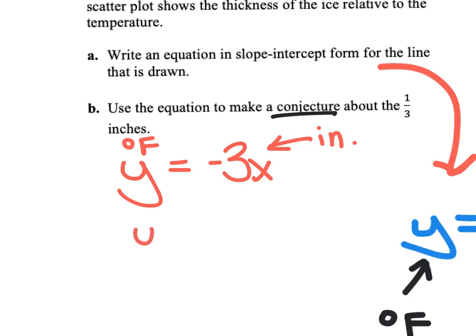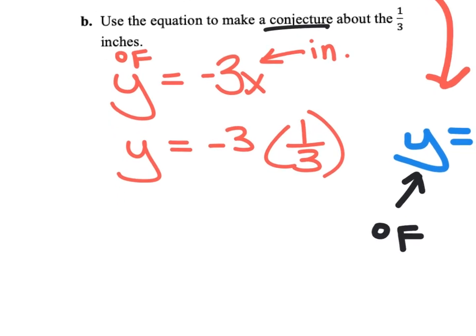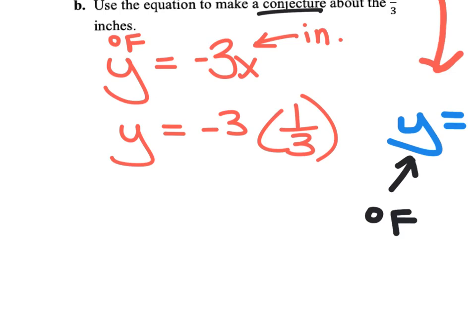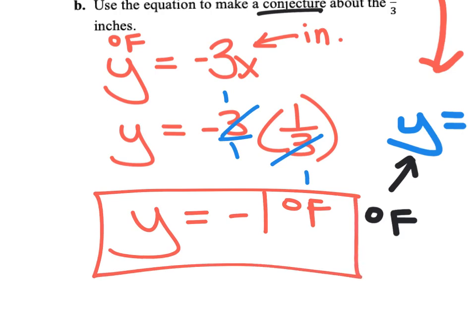So using my equation, it would be y equals -3 times 1/3. Remember, to multiply fractions, we multiply top, multiply bottom, simplify. This is the same as -3/1 times 1/3. 3 divided by 3 is 1. So my answer is just -1 times 1, which is -1. And that is going to be in degrees Fahrenheit.